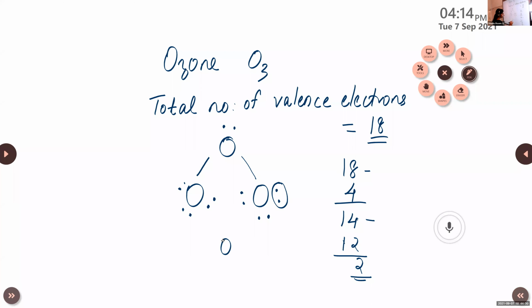Then it will become O. 1, 2, 3, 4, 5, 6, and here 1, 2, 3, 4. So this is the final Lewis structure of ozone.